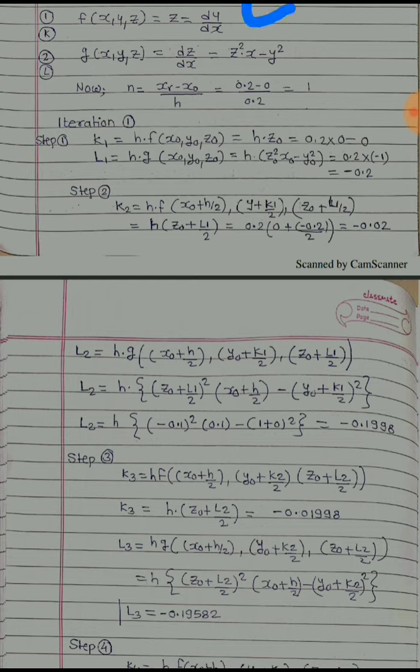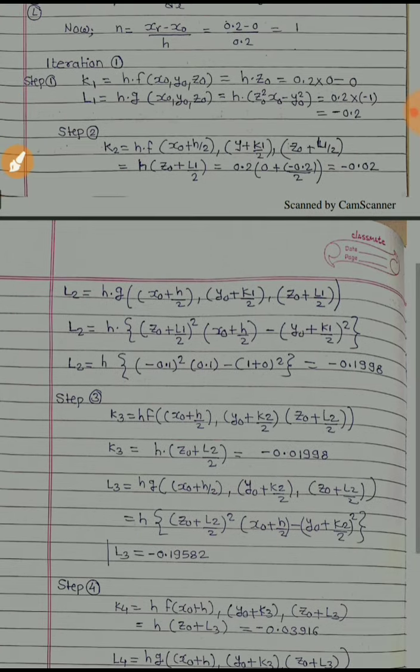This first term is going to be the same for all numericals, and it is directly coming from the problem statement, which is given. So we have derived dz by dx from the problem statement, and that is why this term, I hope you understood this now. So when we are calculating L1, L1 is equal to h into g of x0, y0, z0.